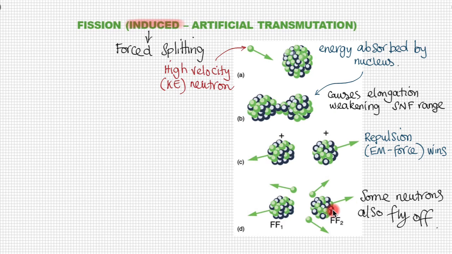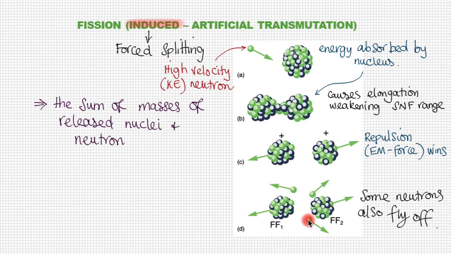The other thing that's released as part of this induced or artificial transmutation are these high kinetic energy neutrons. They play a role in the chain reaction, which we'll talk about in a moment.